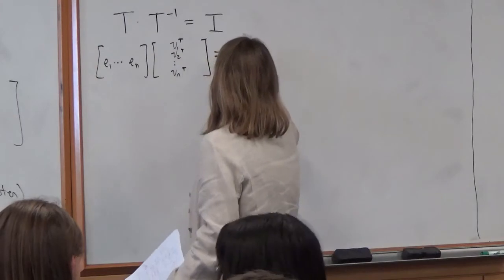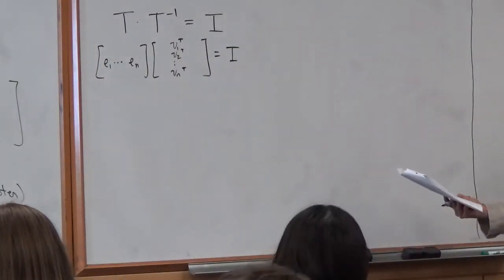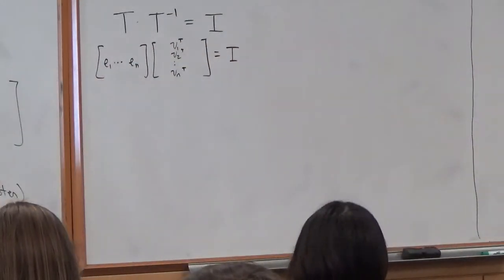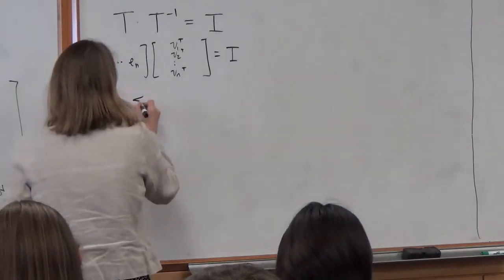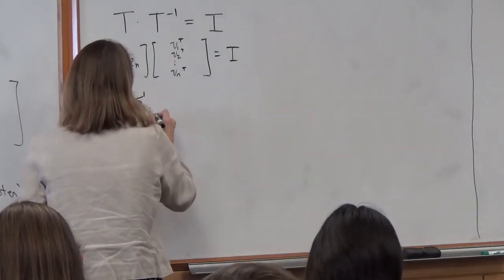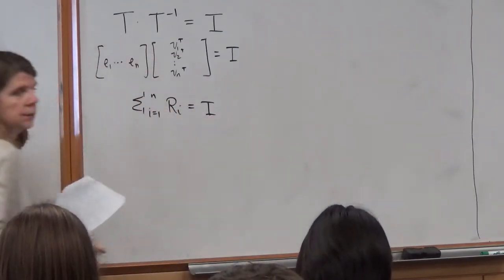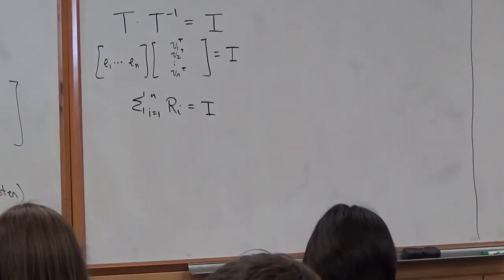So that's also equal to the identity. Okay, so it tells us, therefore, that the summation from i equals 1 to n of Ri is also equal to the identity. So in the dyadic expansion, if you pull out the eigenvalues in that equation, you get the identity.